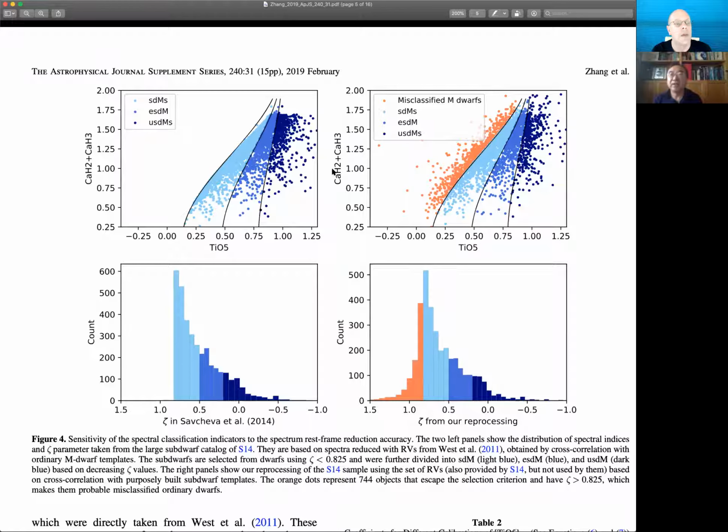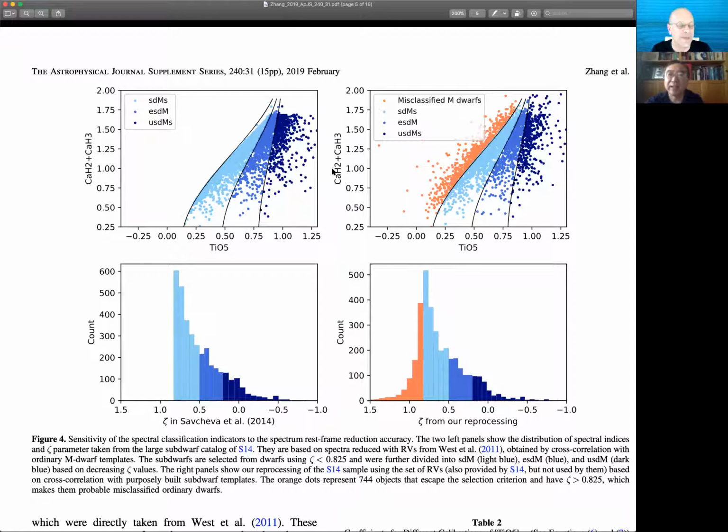Because in the beginning, in 1997, Gizis used just the calcium hydrides CaH1 and CaH2 to classify M-dwarfs, M-subdwarfs, and extreme M-subdwarfs.